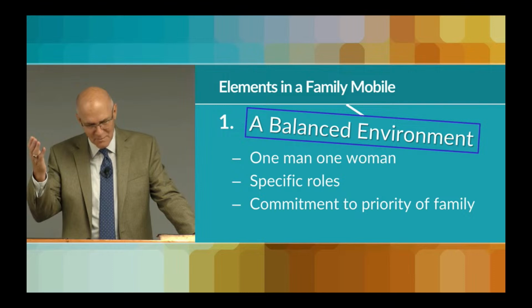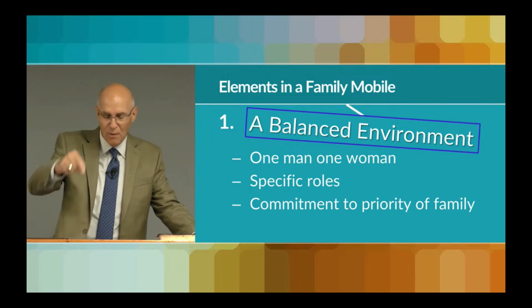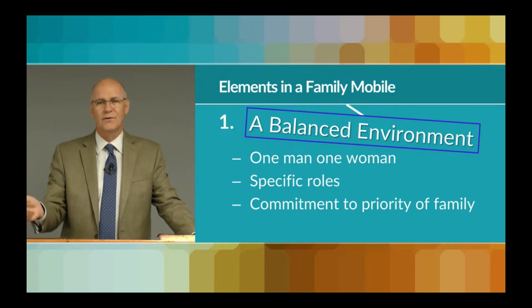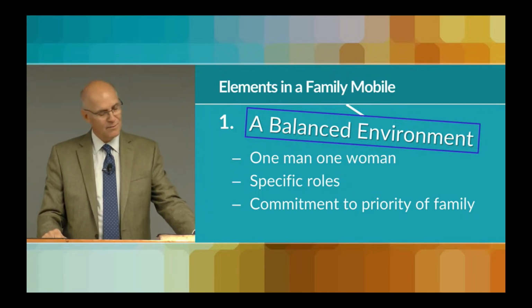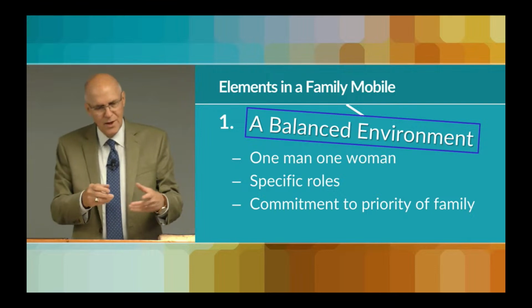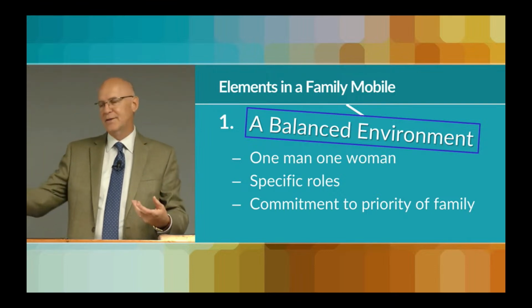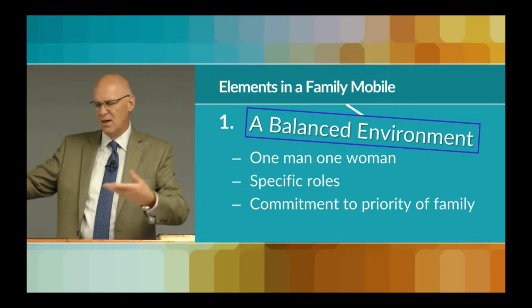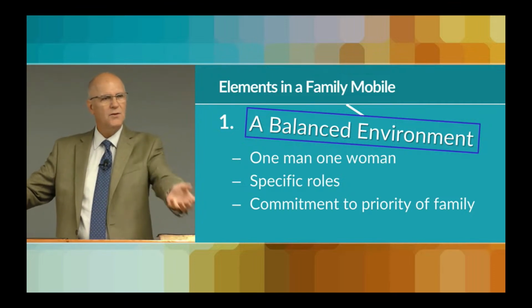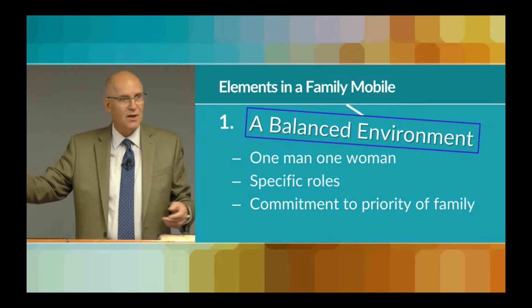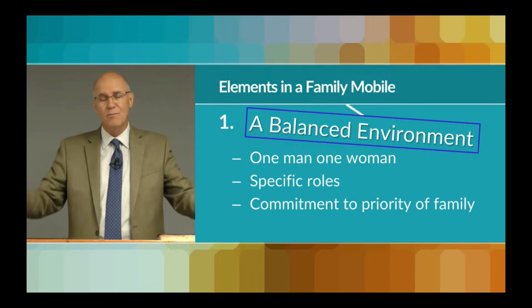It doesn't dawn on some people that marriage makes your partner the priority over every other person in the world. Marriage isn't when you get married and you add on a person. Before it was me and now I've got this other person over here, but I'll do enough to take care of that person. No. When you get married, that person becomes the priority over every other person in the world.